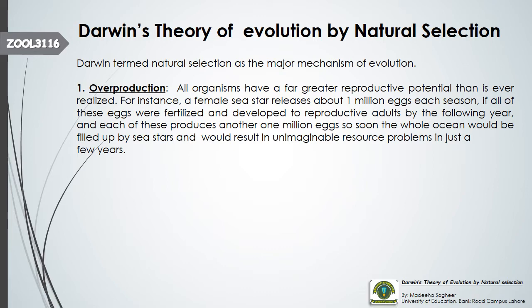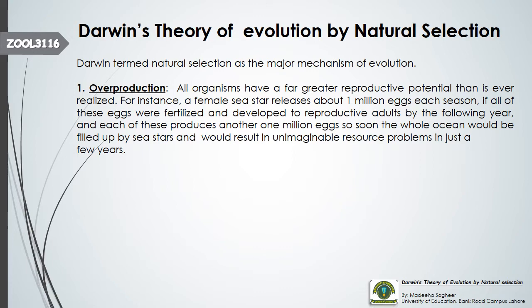It releases about 1 million eggs each season. So, what would happen if all these eggs were fertilized and developed into reproductive adults? Suppose each reproductive adult then produces almost 1 million eggs in the next season. So what happens? The resources of the oceans will be exhausted very soon, and the ocean will soon be filled up by sea stars.